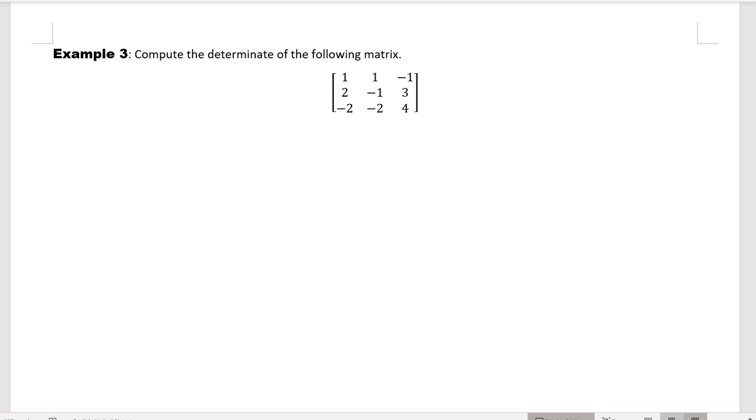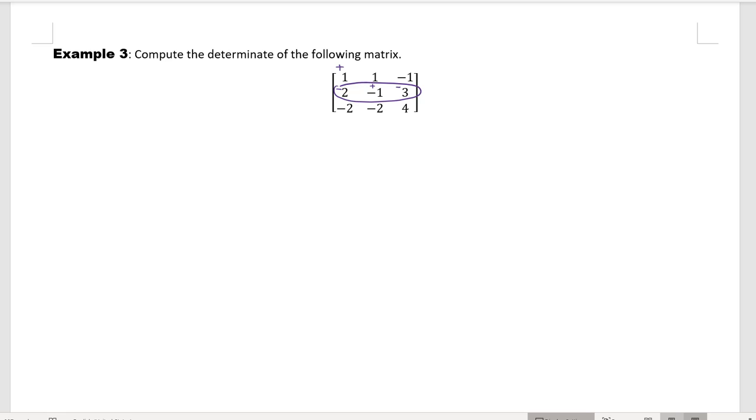Okay, let's choose the second row. Remember, we first want to find the sign. The 1 entry is positive, and then it alternates, right? So this is negative, this is positive, then this is negative.